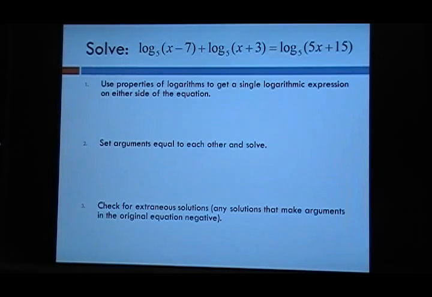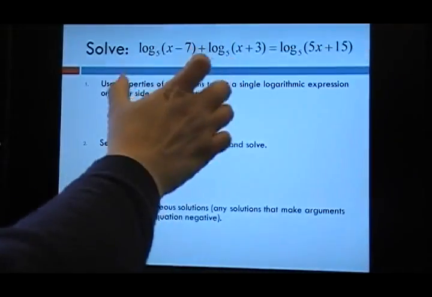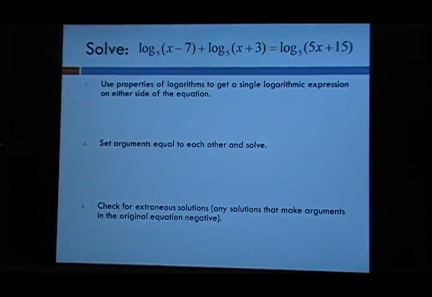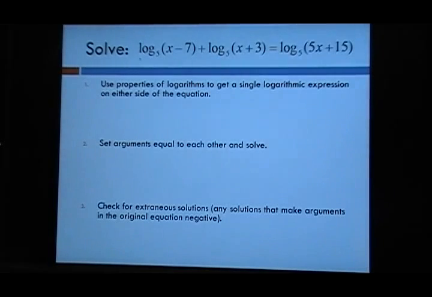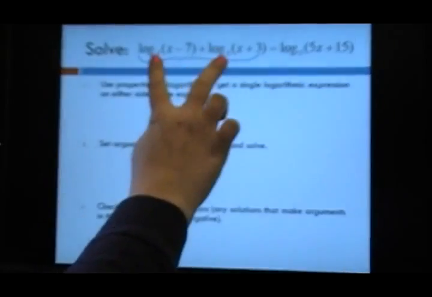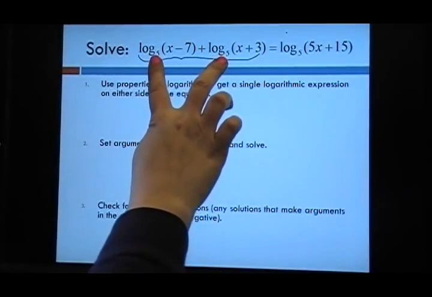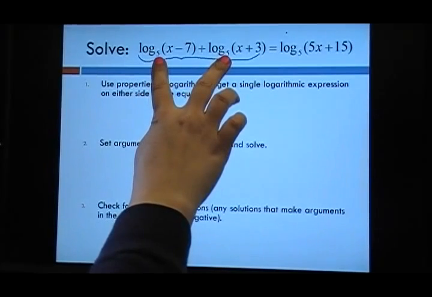Alright, so we see that we've got the log on both sides. So I'm going to work to get the left-hand side to be a single logarithm. These are both logs of base 5, which means that I can use my properties of logs since those bases are the same.